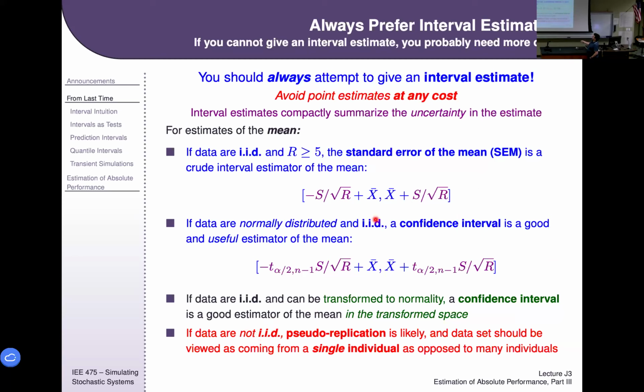If they're not IID, so if they're not independent, then in that case, you can't even do this thing up here. You can't even use the standard error of the mean, because you'll likely have pseudo replications. What that basically means is, if you have a sim where you've got a bunch of customers that are all waiting above 10 minutes, and you happen to notice that it's all from one replication of the sim, and there's patterns there where there's autocorrelation.